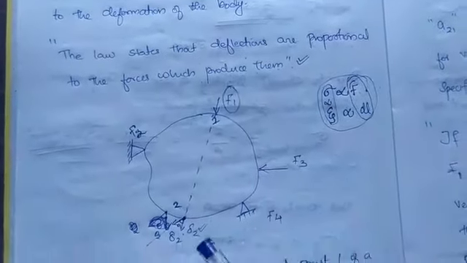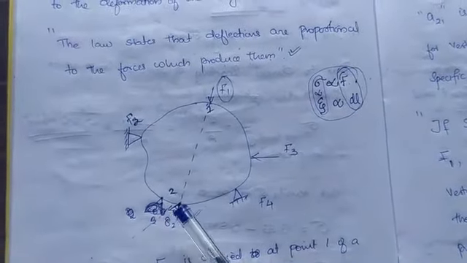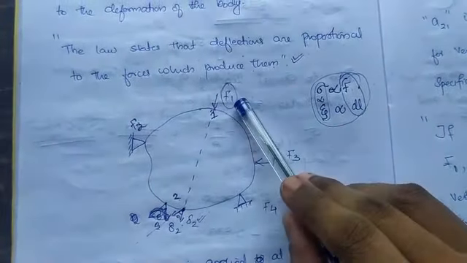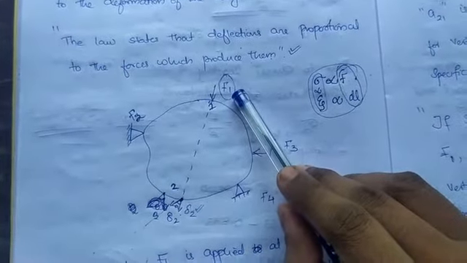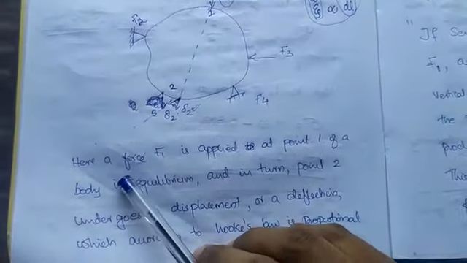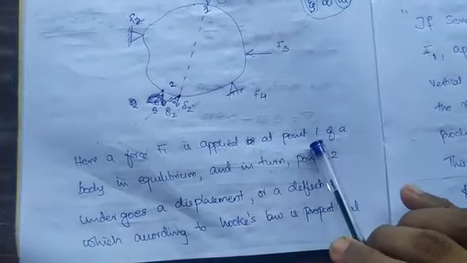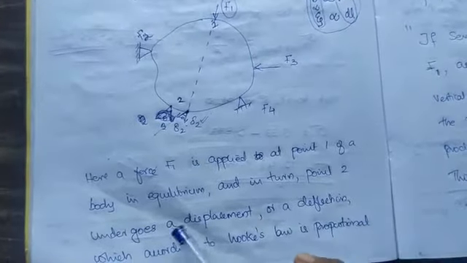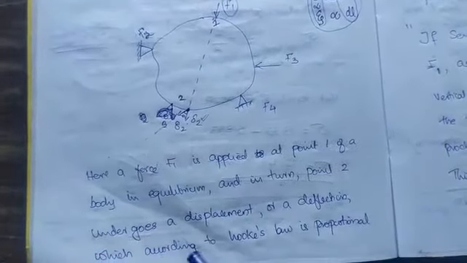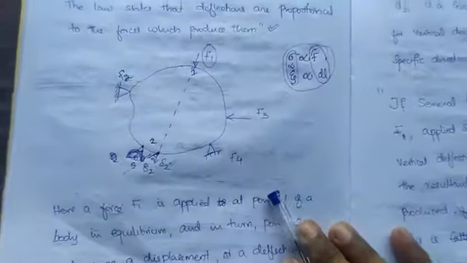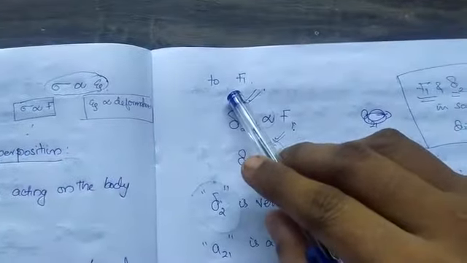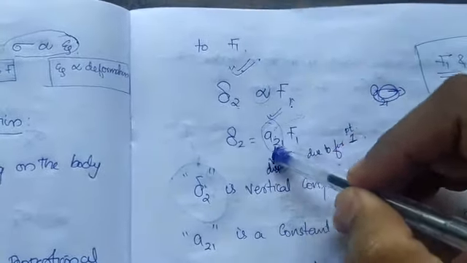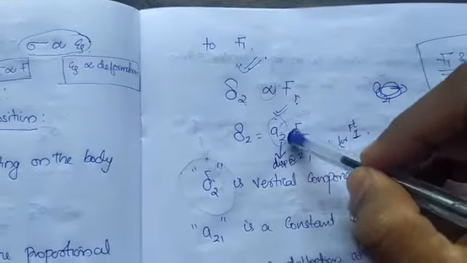This deflection delta 2 is due to the force at point 1, so delta 2 is directly proportional to F1. Here a force F1 is applied at point 1 of a body in equilibrium, and in turn point 2 undergoes a displacement or deflection which, according to Hooke's law, is proportional to F1.